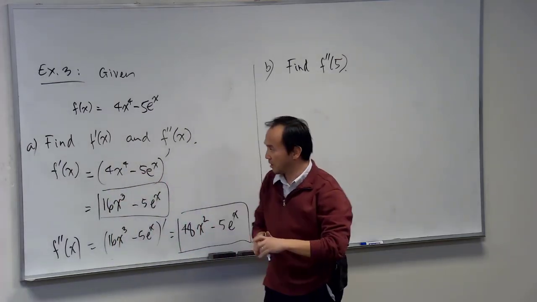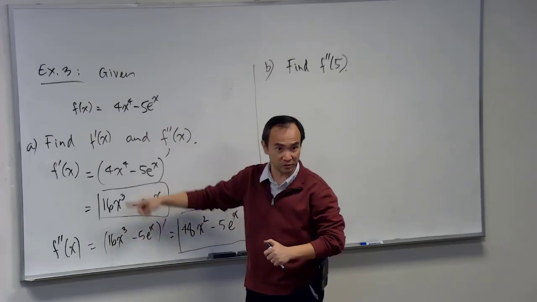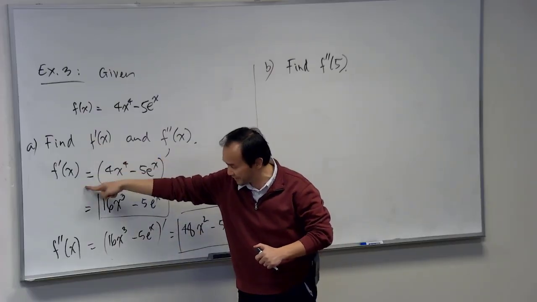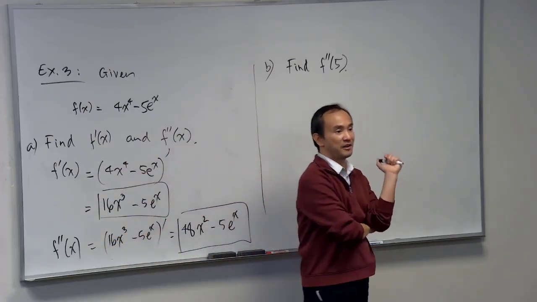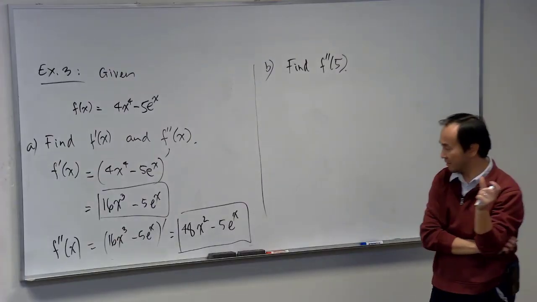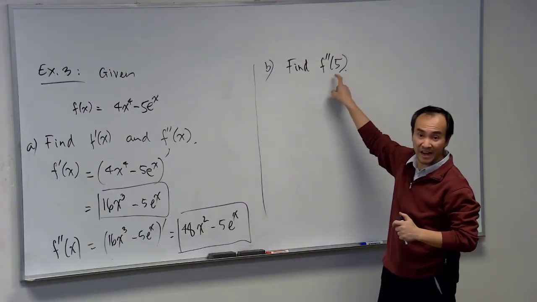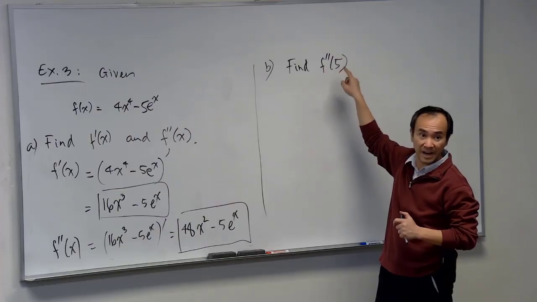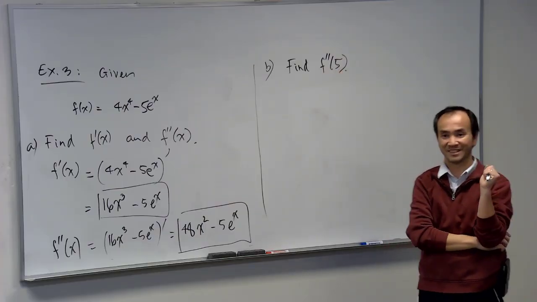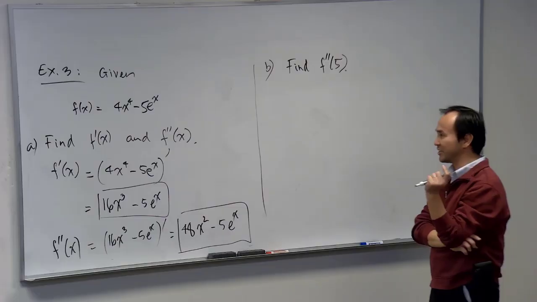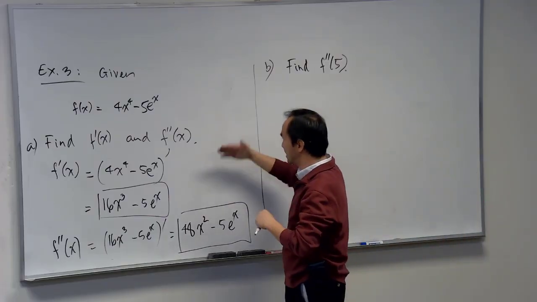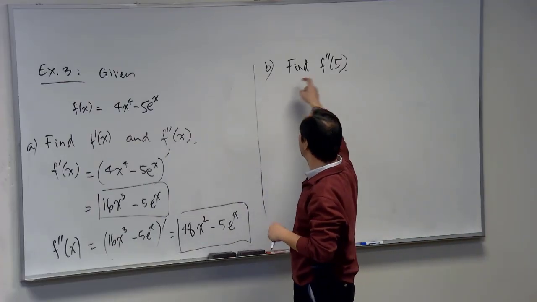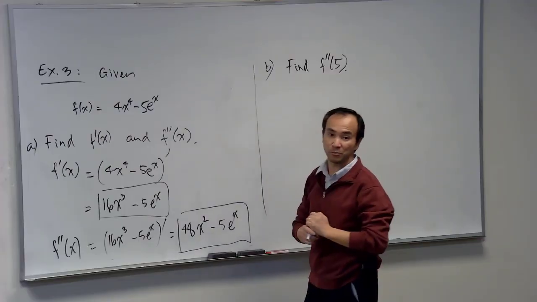That means it's our responsibility to go through these steps first. We have to find the f prime first, and then consequently find the f double prime. And once you have arrived at the f double prime, then you now have a way to access f double prime at 5, right? So I break it down into part A and part B, but it's one sequential problem right here, and ultimately we want to get f double prime of 5, yes, right?